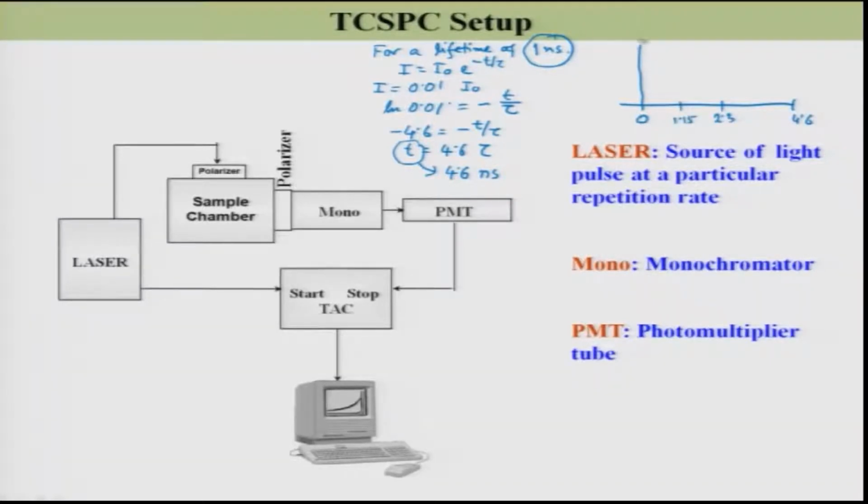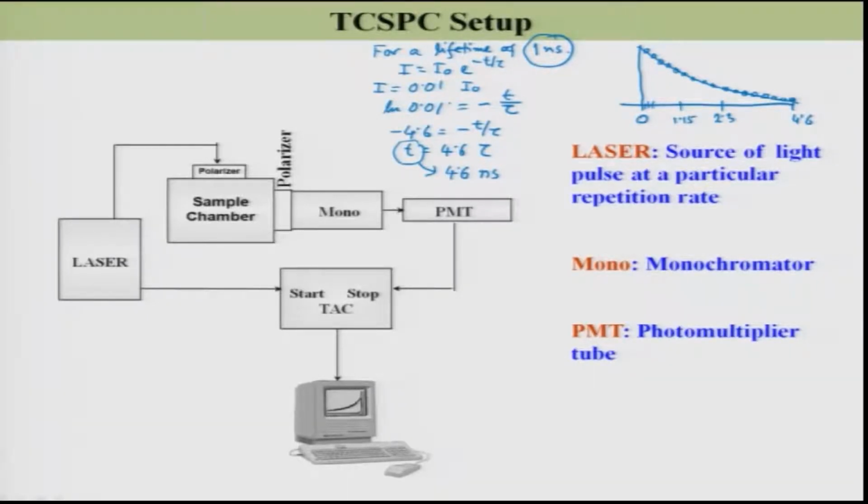And if you want to see this complete intensity decay, you need to get several points over here. That means you need to measure the intensity of fluorescence at every 0.1 nanosecond or 0.01 nanosecond or 0.001 nanosecond, something like that, which cannot be done using your standard fluorimeter.